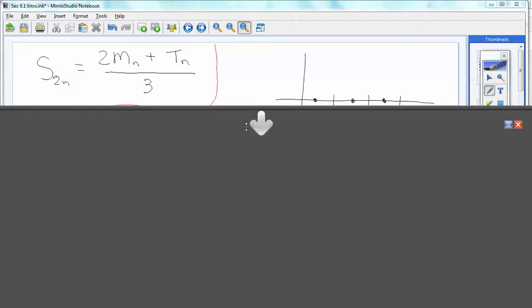Here's why. Because it turns out that a midpoint is a little better than a trapezoid most of the time. Most of the time, a midpoint has about half as much error as a trapezoid. So let's say, and remember I said if one's over, the other one's under, let's say the midpoint's off by 3. Then that means the trapezoid would be off by what?